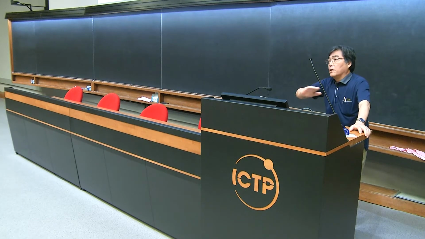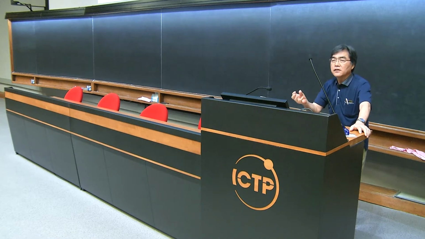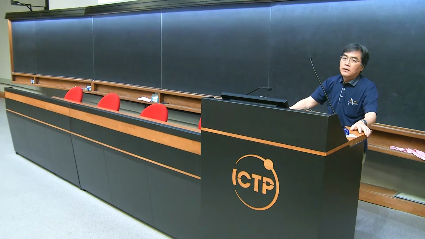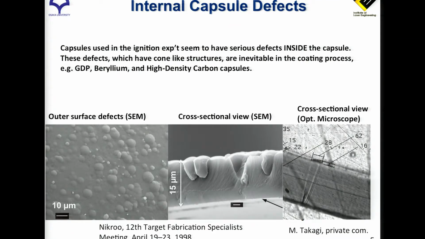So even if the surface is polished perfectly, there is a structure inside the plastic. And if this cone has the same density as the others, there should be no problem. However, if we look at the optical microscope picture on the right, you can clearly see the cone-like structure plus some dome.